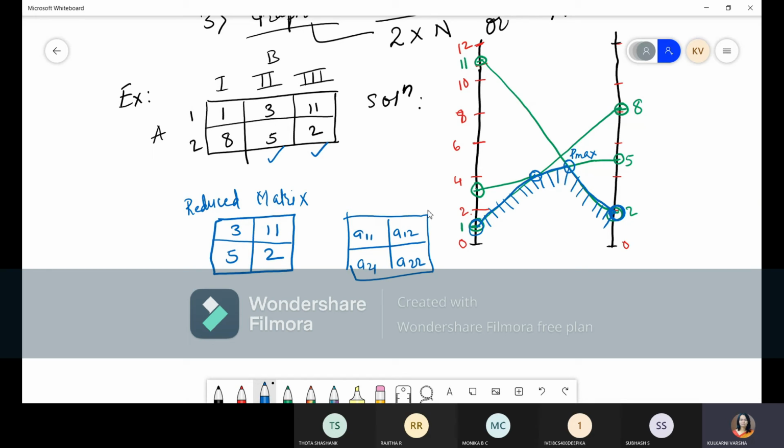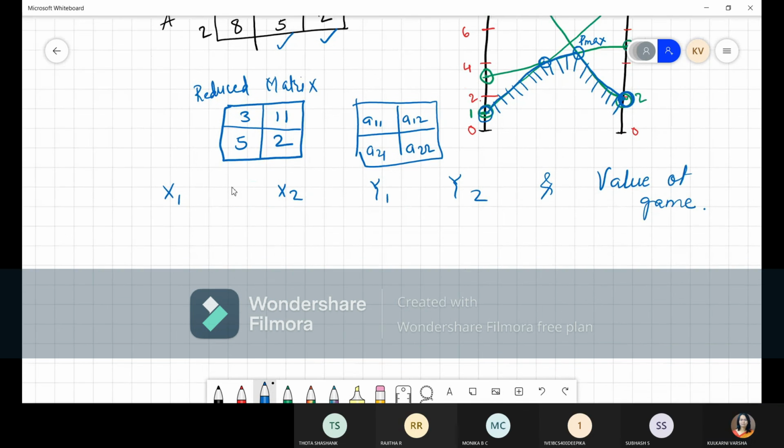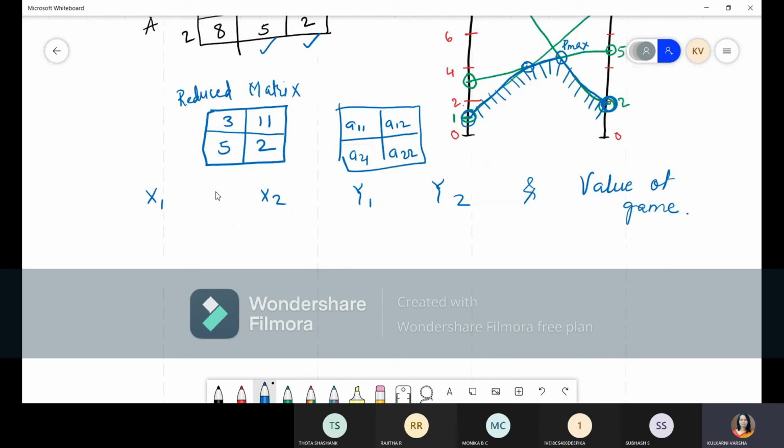And with this, we need to find out X1, X2, Y1, Y2 and the value of the game, that is V. So anybody remembering the formula for this? If I just rewrite it once again, if you are not remembering or have not noted it down, because examples are easy, you should not lose marks anywhere, that's my intention.